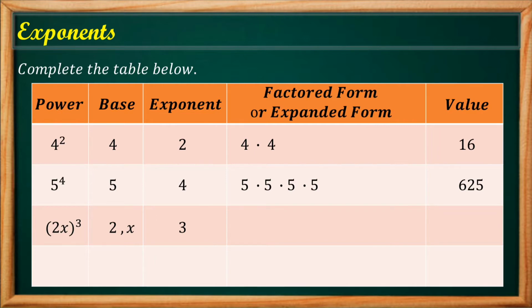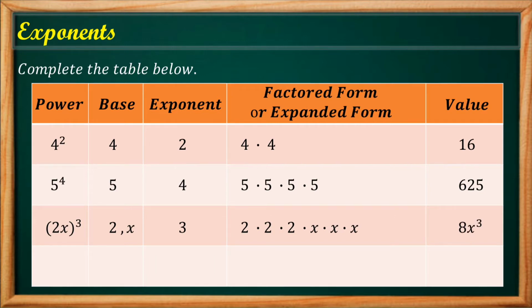Then the factored or expanded form: meron tayong 2 na tatlong beses rin according sa exponent. Meron din tayong x, tatlong beses rin minultiply natin base sa ating exponent. Then 2 times 2 times 2 is 8. Ilang x meron tayo? Tatlo.